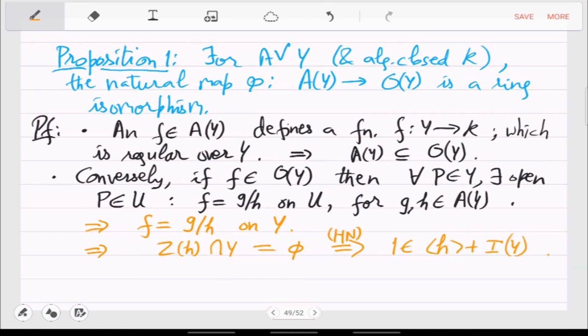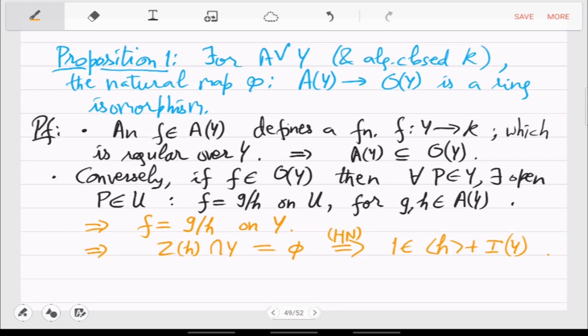Right, so now you come to algebra. If you look at the ideal defining Y and h, that ideal has to contain 1, because this is the only obstruction to having a common 0, because we are over an algebraically closed field.